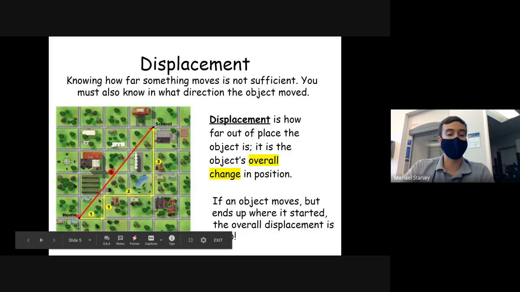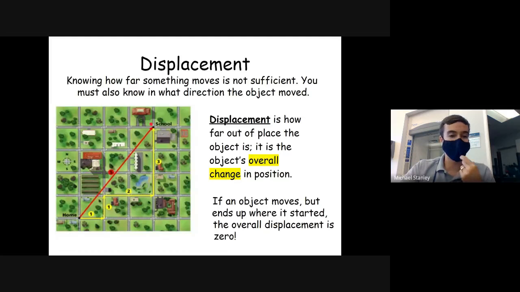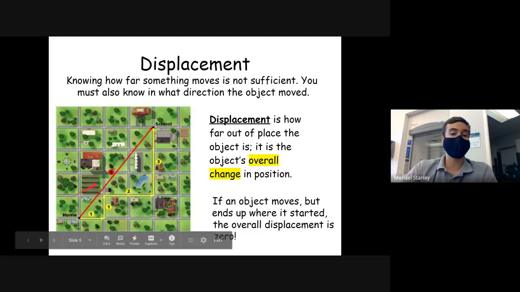Same thing here, where when you walked to school, you took the roads to get there, but then when school was out, you left and jumped through the parks and through some people's backyards and came straight back home. Your overall displacement would be 0 because you started at your house and you ended at your house.